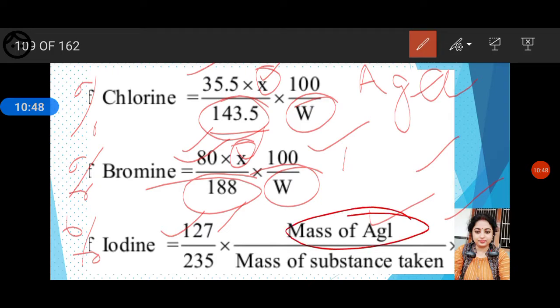Here X is the mass of silver iodide, and the molecular mass is also that of silver iodide, with the mass of substance taken into 100. By these formulas, we can calculate the presence of chlorine, bromine or iodine in the organic compound.